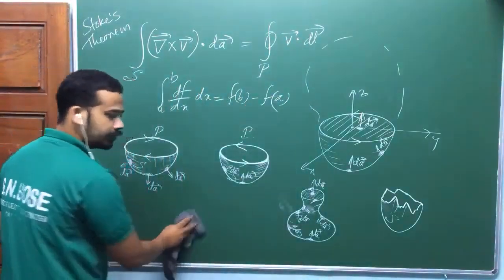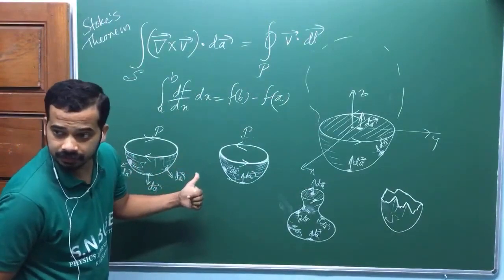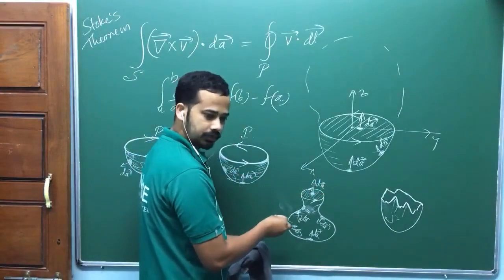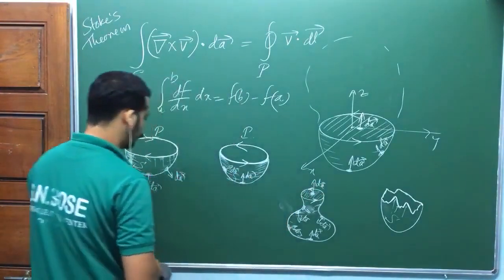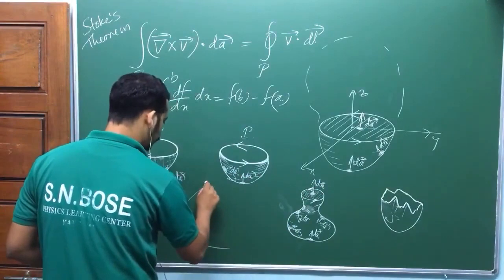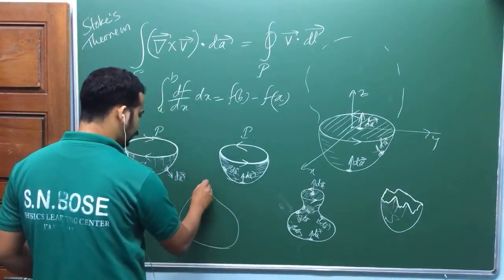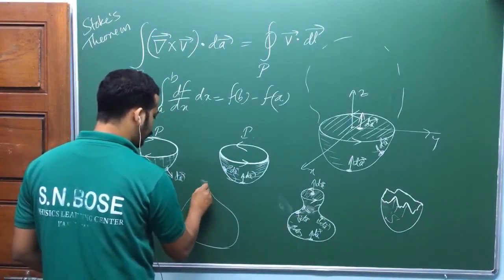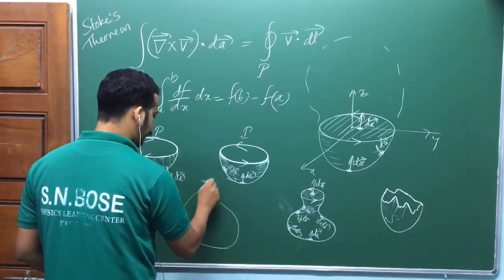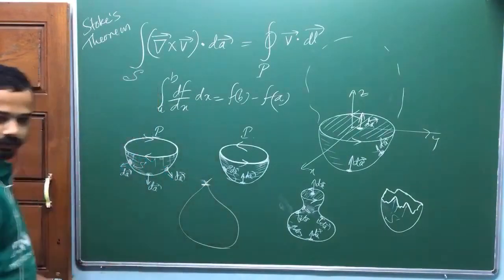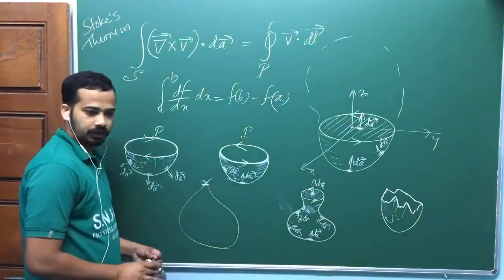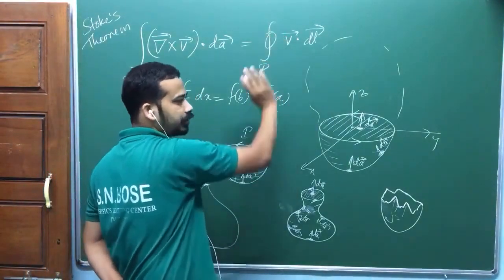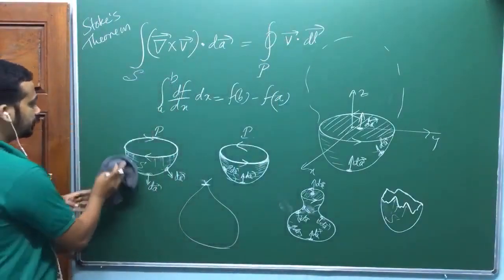Suppose you have a balloon and you are blowing it. Then you tie it here, and it becomes a closed surface, am I right? Once that path integral shrinks out, this part is 0, and the surface becomes closed.